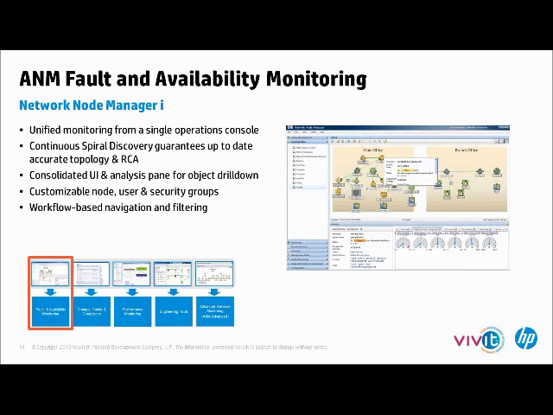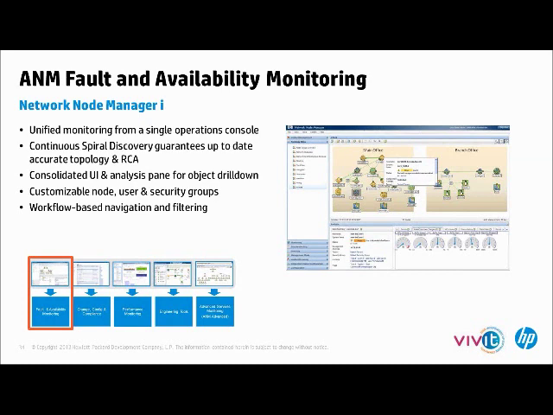And the first one, we already talked about this, is really Network Node Manager. What I want to bring to your attention is that Network Node Manager is an extremely scalable and unique single pane of glass. It offers a lot of technology that we won't get to discuss a lot today, but it is really king of the hill in terms of being able to do real-time network discovery. And that's really where it starts, with a network fault and availability monitoring tool.